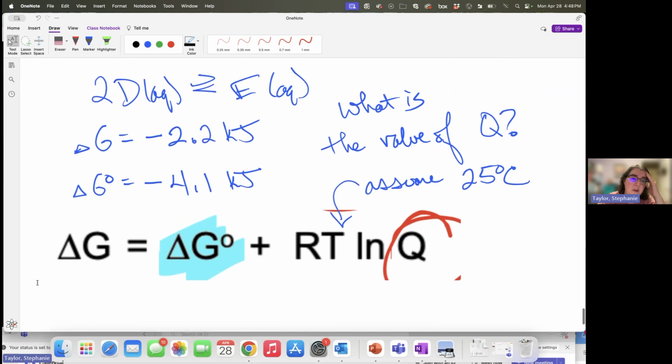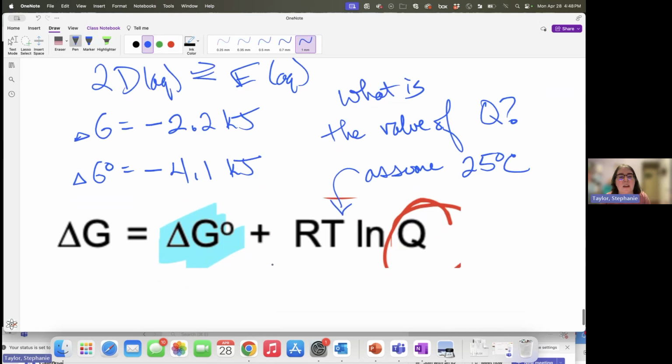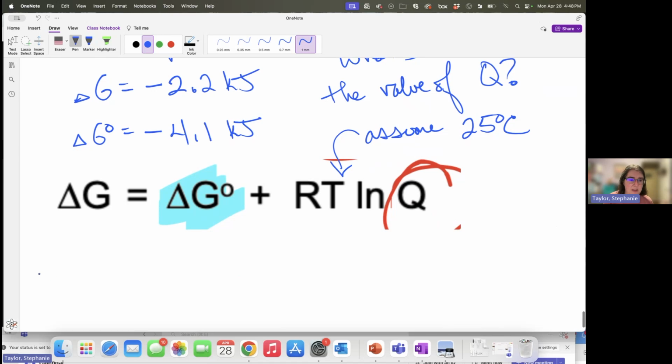But we will just go ahead and assume that it looks like this. But we're going to use everything in blue. So in this case, I just get to plug everything in. Negative 2.2 is equal to negative 4.1. Those are all in kilojoules.